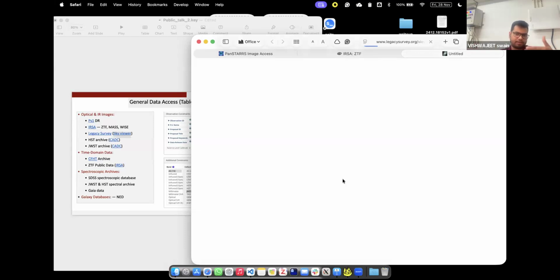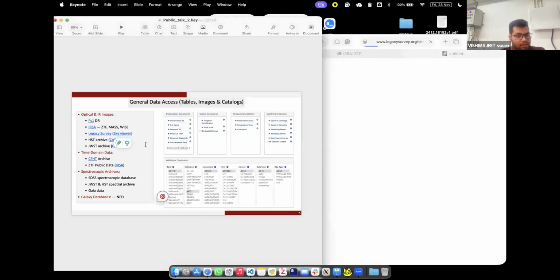By the way, by limiting magnitude I mean up to what magnitude an object can be seen in that image. For example, a limiting magnitude of 20 means you can't see an object of 21 magnitude. So the Legacy Survey is famous for deeper images. You can download the images, you can get the catalog and all. Generally, the server is quite busy, so let's not wait for that and move on.